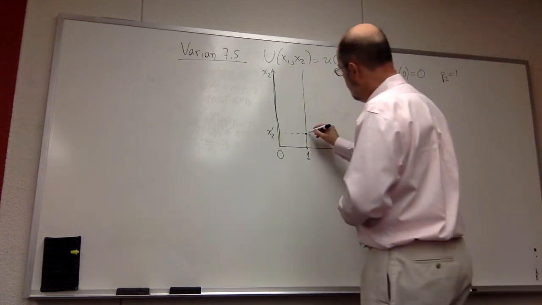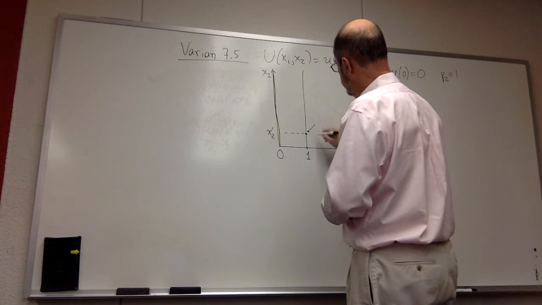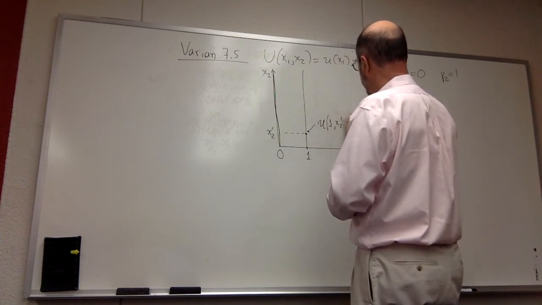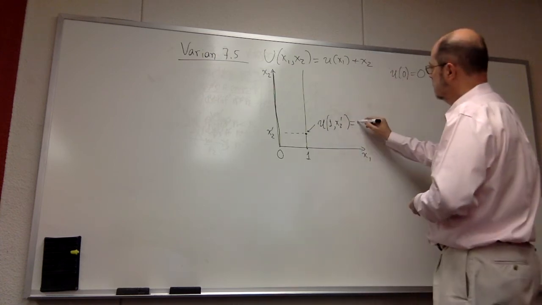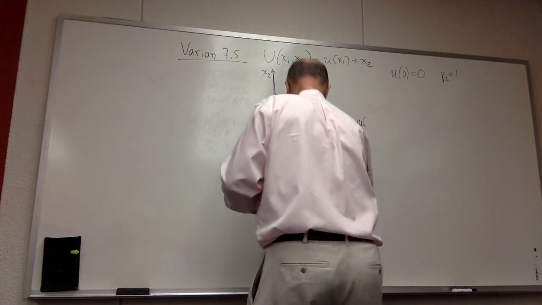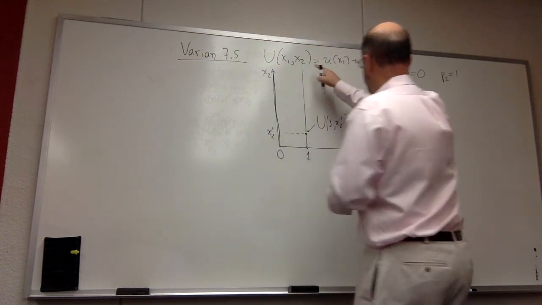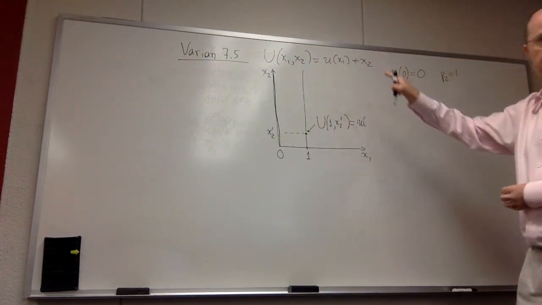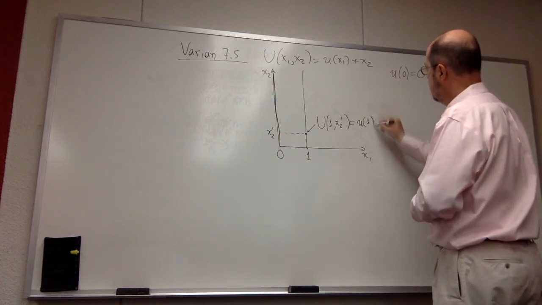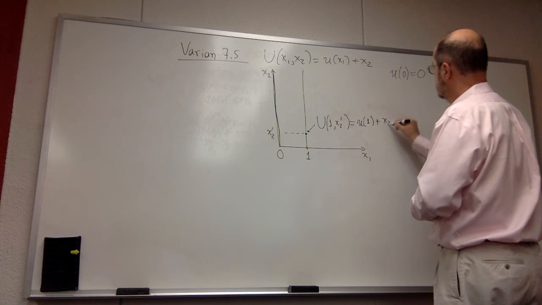Well, the utility of (1, x2 prime) equals big U, I'm just putting this formula in action, so little u of 1 plus x2 prime.